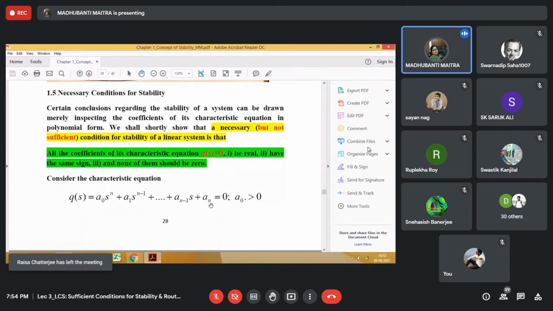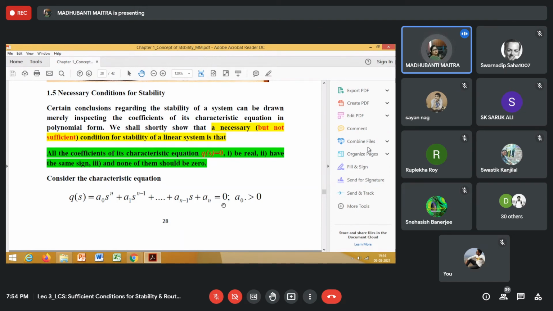Number one, be real. Number two, should bear the same sign. That means if we assume that a0 is greater than 0, that is, a0 is positive, then all the coefficients should be positive. They should have the same sign.